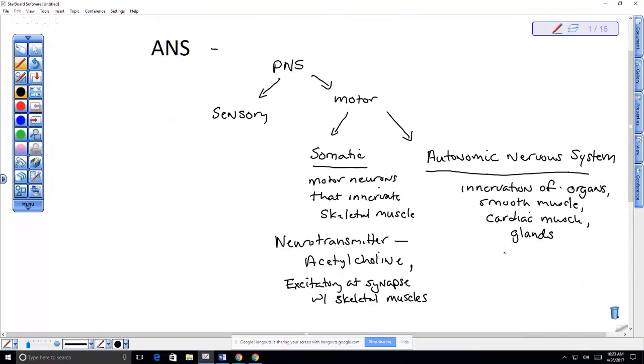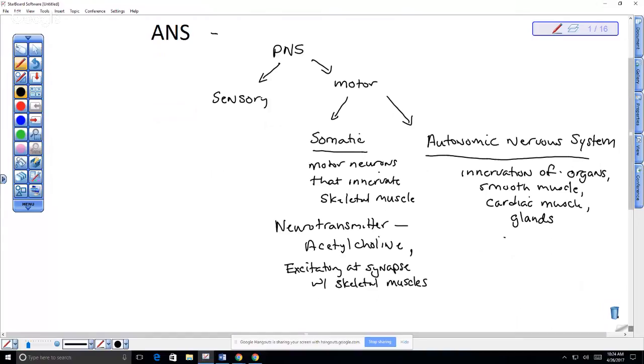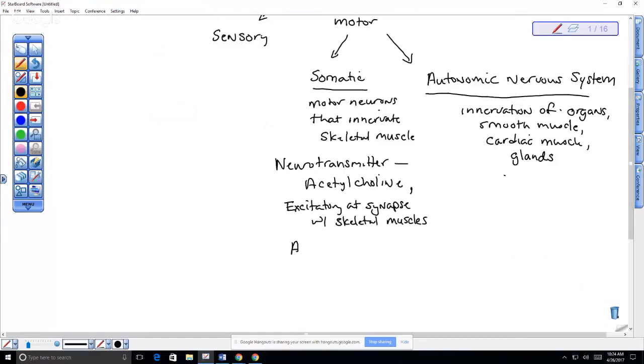Okay. Now, also in the somatic nervous system, we have myelination. And what is the myelination produced by? Schwann cells. So Schwann cells wrap themselves around the axons. And so these motor neurons are heavily myelinated. So the axons are heavily myelinated. Okay, so this is kind of a review.